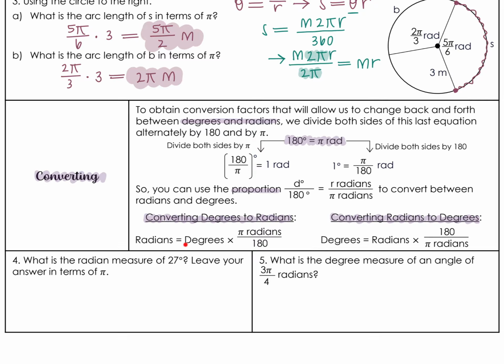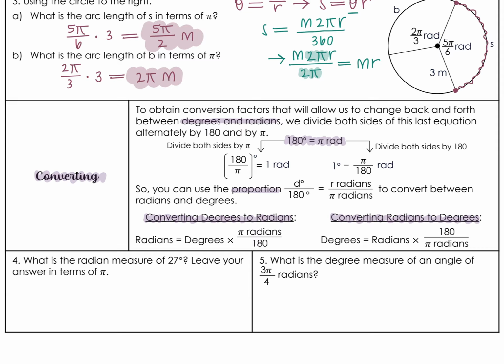On converting my degrees to radians, you want to cancel out the degree symbol that you currently have. That means I want the 180 degrees, the degree symbol, in the denominator so that they cancel each other out. When I'm converting from my radians to degrees, I want the pi radians to disappear. So I'm going to have my radians and multiply it by 180 over pi radians so that they cancel each other out with that division.